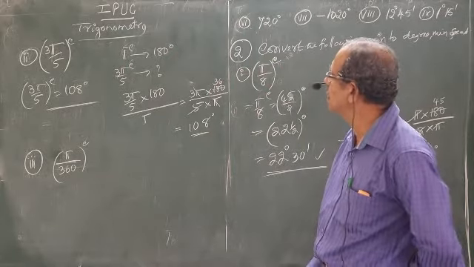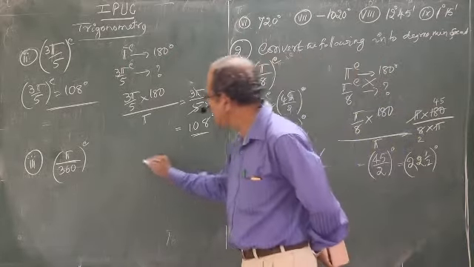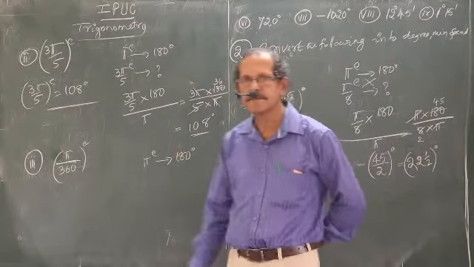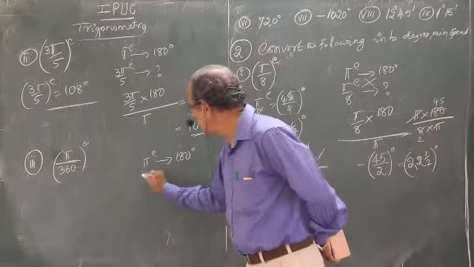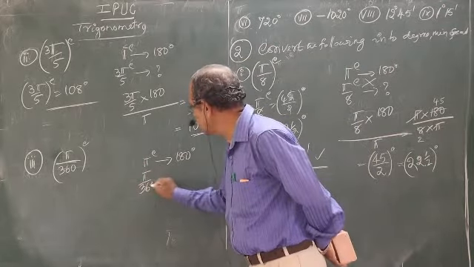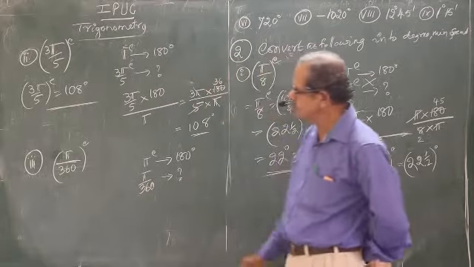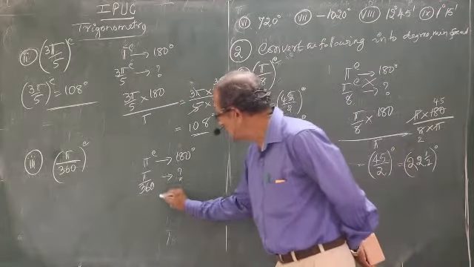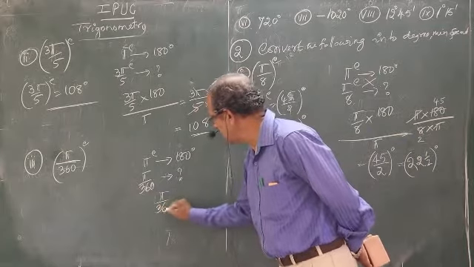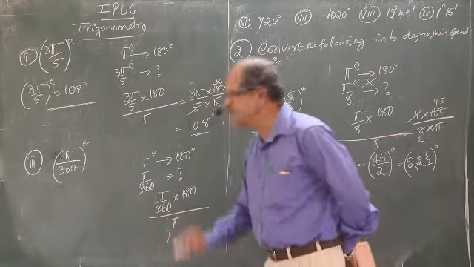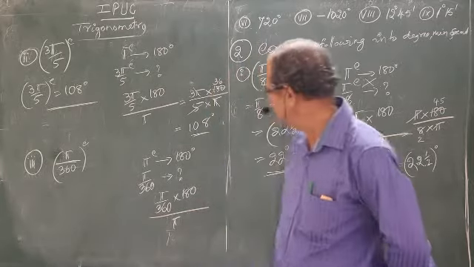Convert that one into degree. Pi radian 180 degree formula. Pi by 360 equal to how much? Pi by 360 into 180 divided by pi.